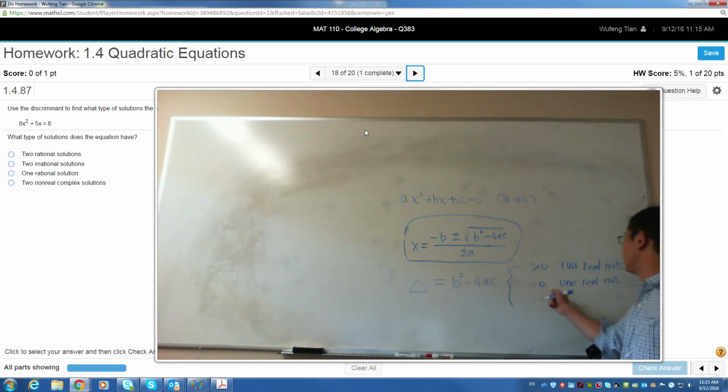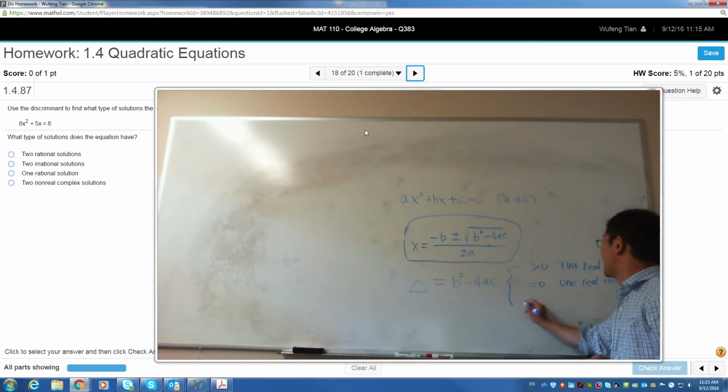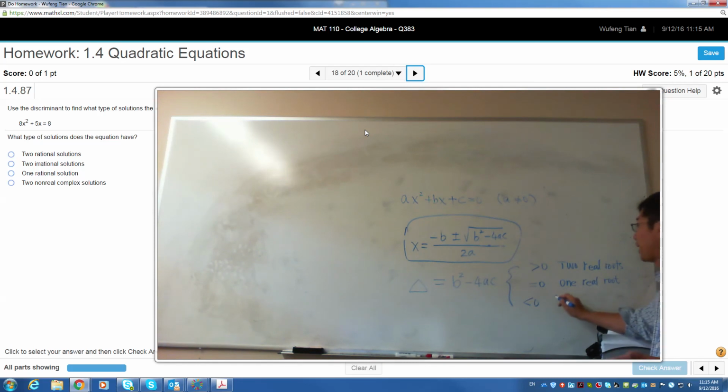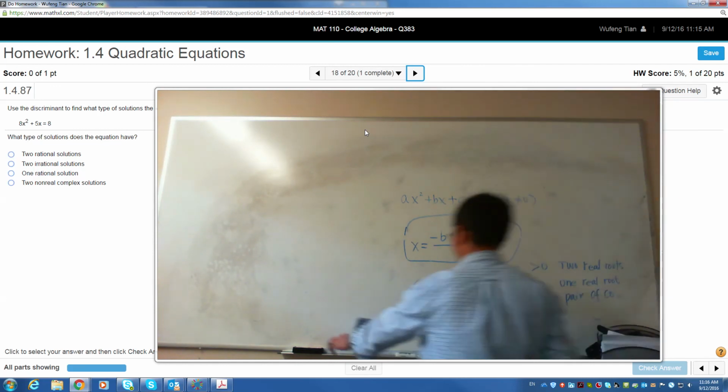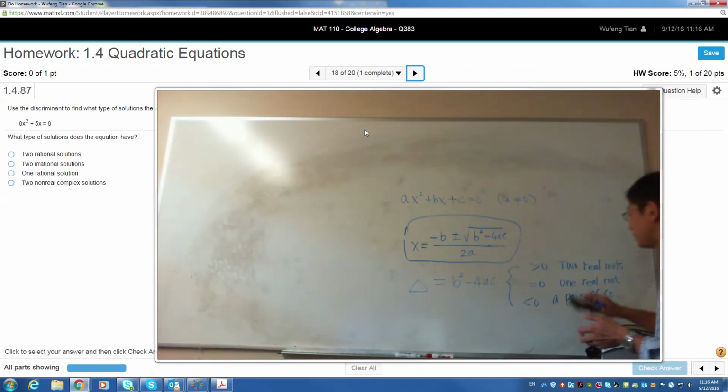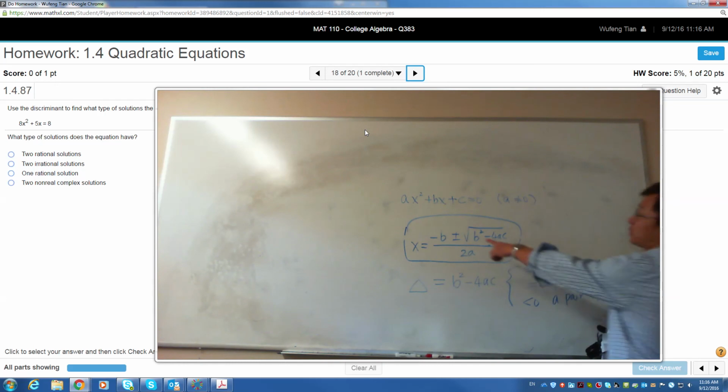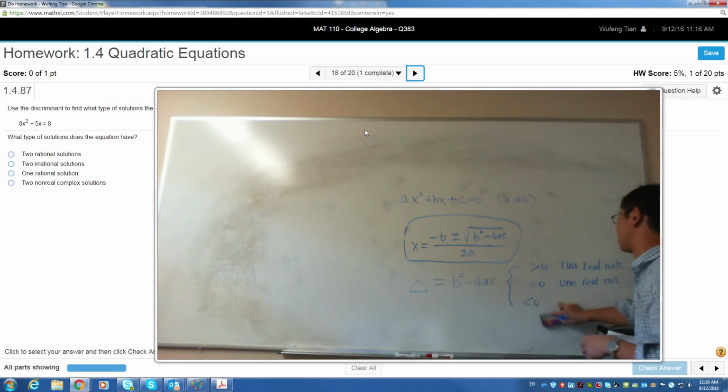If it's negative, a pair of conjugate complex roots. It's a pair of conjugates because it's a plus or minus. Or you can just say two complex roots, that will be enough.